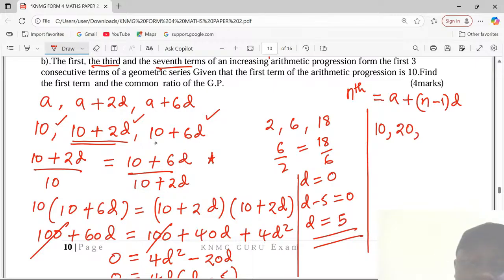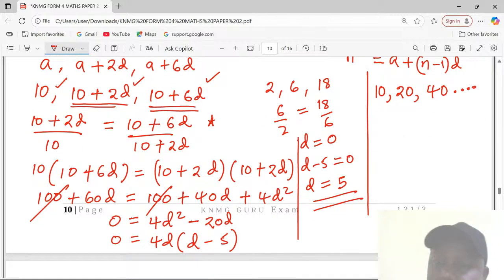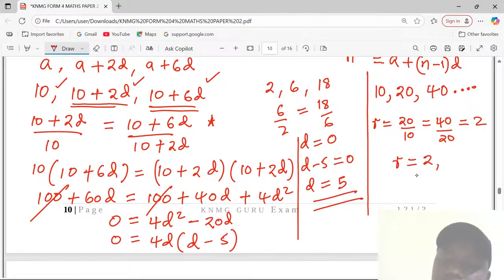The other one is 10 plus 6d, so 10 plus 6 by 5 is 30, so we get a 40. So that's how the terms are following one another in the GP. So we can get the common ratio by taking 20 over 10, which should be the same as 40 over 20, which is 2. So the common ratio is 2. The first term is 10.